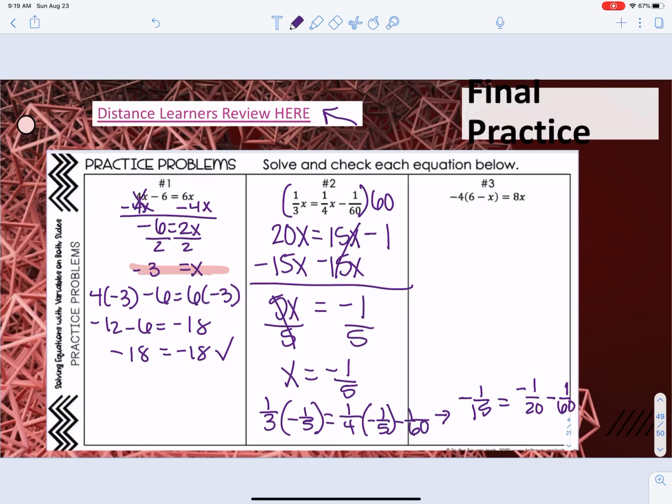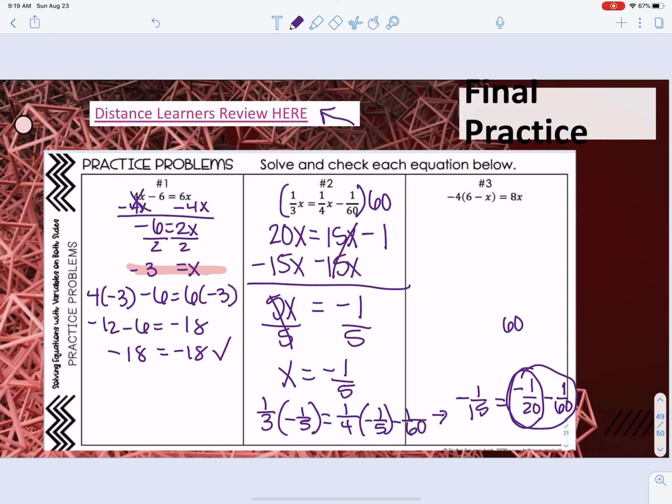And then when I'm combining these two, I'll change this -1/20 and make it so it has a 60 at the bottom as well. So I'll multiply the numerator by 3, and that's -3 minus 1/60. And that's equivalent to -4/60, which is equivalent to -1/15. So my answer is correct. The x equals -1/5. Okay.